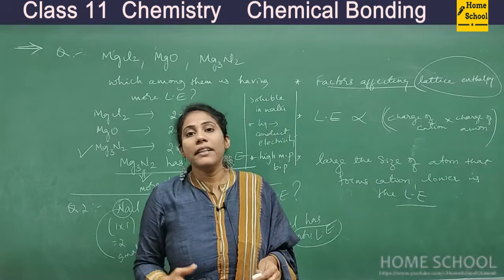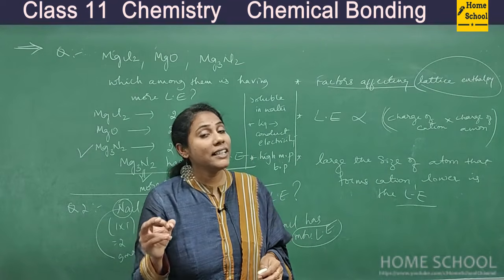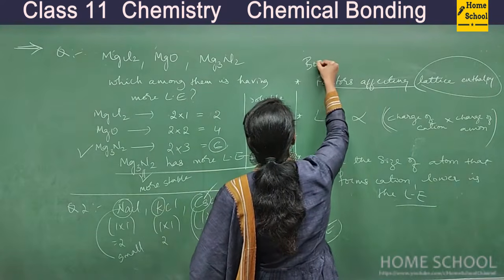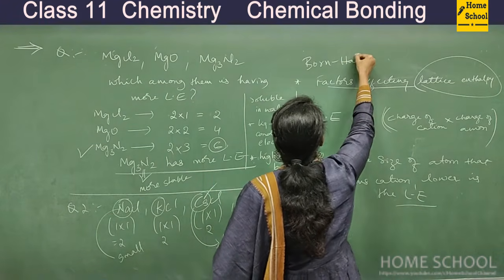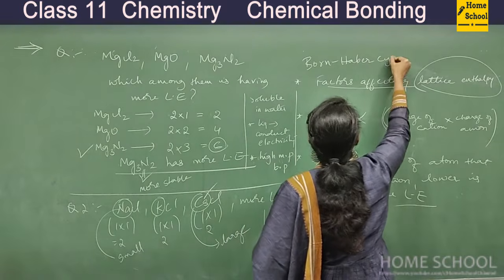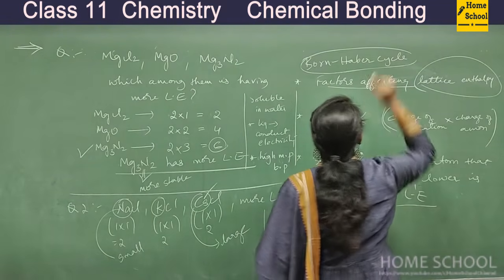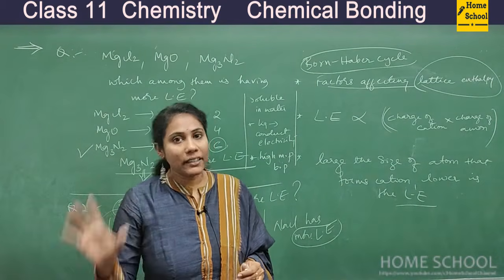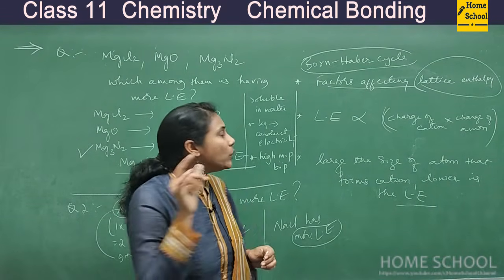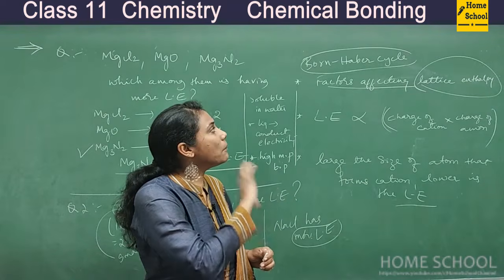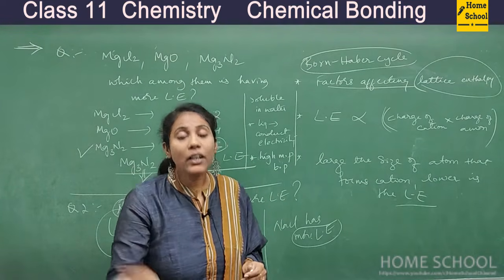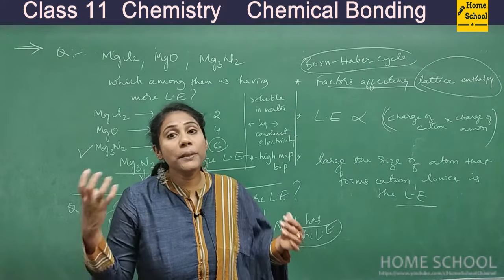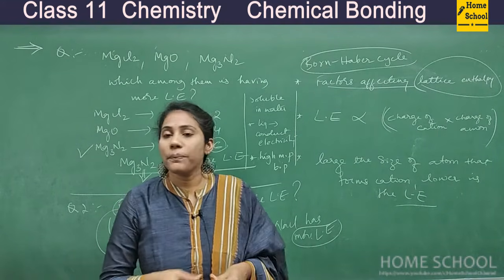It is calculated indirectly by a method called the Born-Haber cycle. We will study this Born-Haber cycle in a chapter called thermodynamics. So just try to remember the name here. Born-Haber cycle is the method of calculating lattice enthalpy. You can get one numerical value for this energy, right?